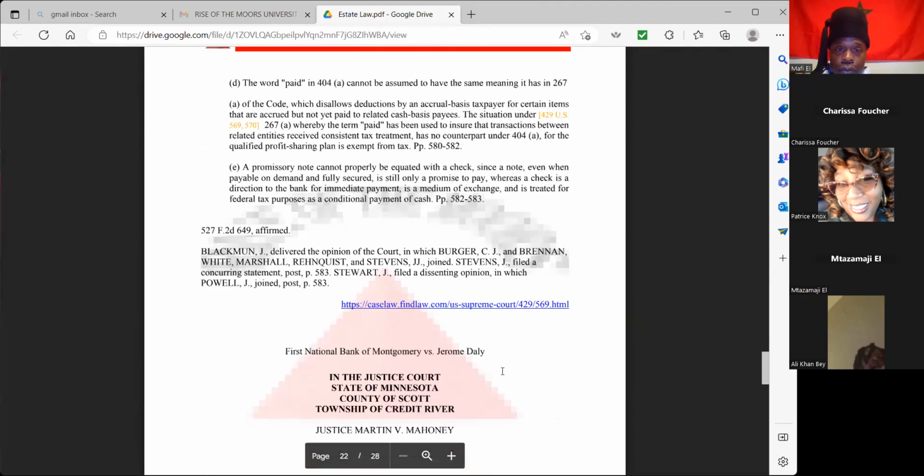Subsection D. The word "paid" in 404(a), remember the Internal Revenue Code, cannot be assumed to have the same meaning it has in 267(a) of the code, which disallows deductions by an accrual basis taxpayer for certain items that are accrued but not yet paid to related cash basis payees.